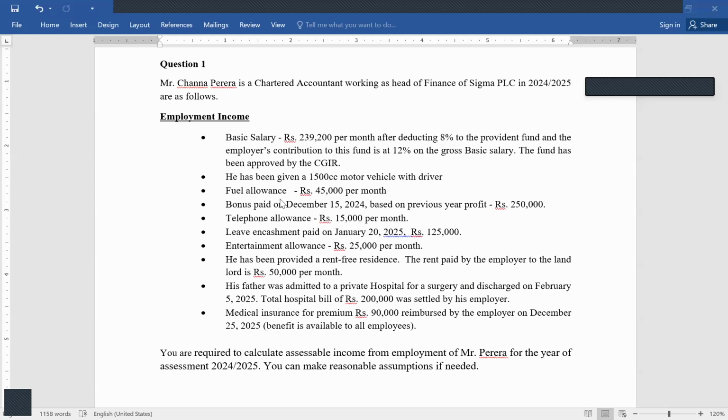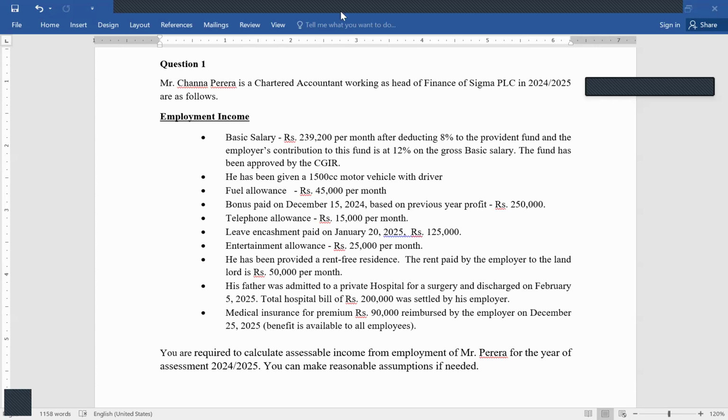But we are going to calculate assessable income for the year of assessment, not for the month. So 30,000 is correct for a month, but we are considering for a year. So because of that, both your answers are correct, but 30,000 should be multiplied by 12. Then that is 360,000. I think you can remember the quantification document.